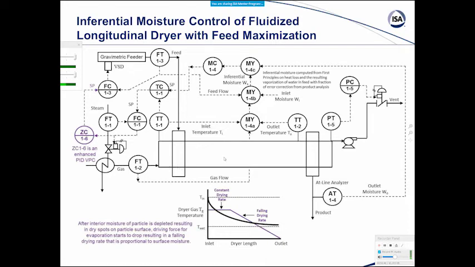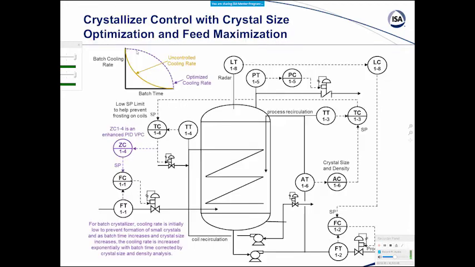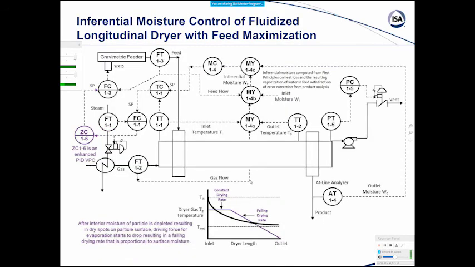And it turns out that if we just do some simple calculations, like an energy balance based on changes in temperature and taking into account the physical properties and things we know about normal dryer particle size, and also the inlet moisture, we can do a pretty good inferential temperature calculation and have it corrected periodically by an online analyzer or even an offline analyzer in the lab.